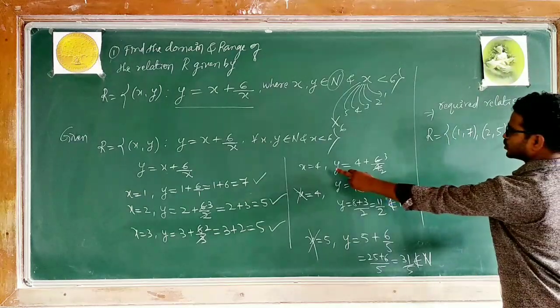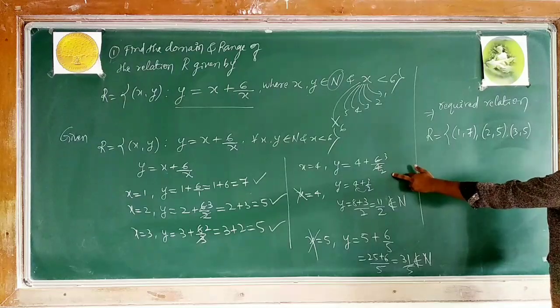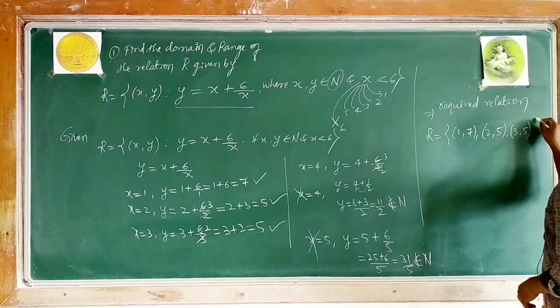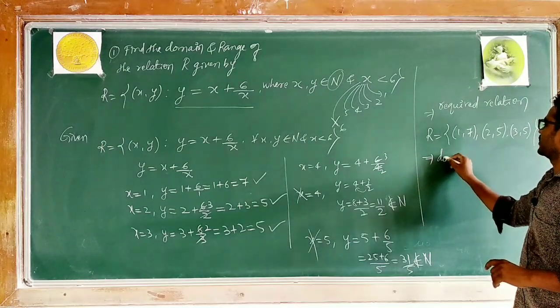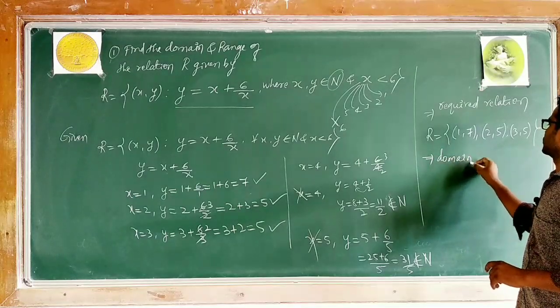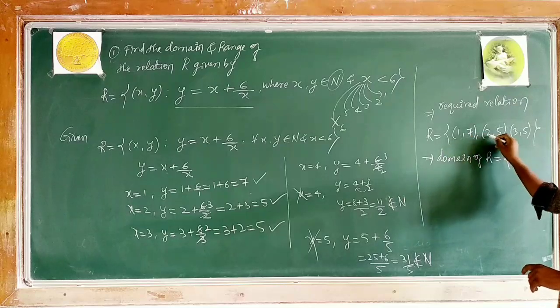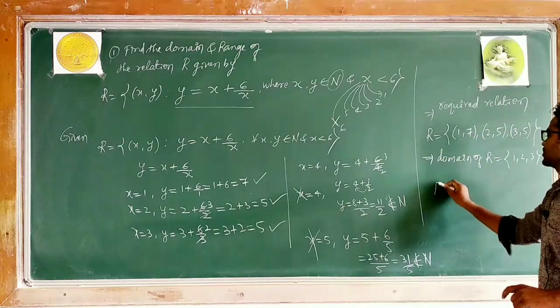And then x is equal to 4, it is not a natural number, it is a rational number, don't consider. When x is equal to 5, this is also not a natural number. For that reason I am leaving this. So what is the domain? Domain of R is equal to the first elements 1, 2, 3.